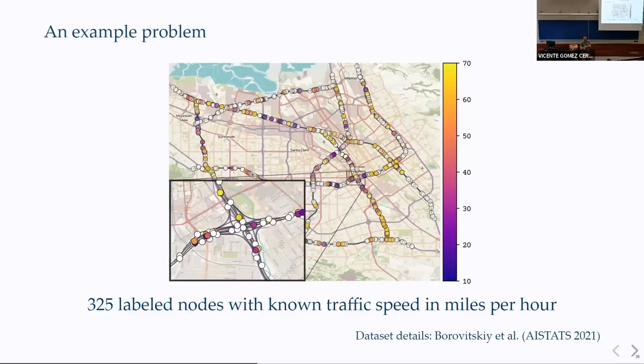But of course, sensors are actual physical objects, so they are not as dense as we want them to be. So we only have this data in part of the nodes. For the nodes that remained white, we don't know any data whatsoever.